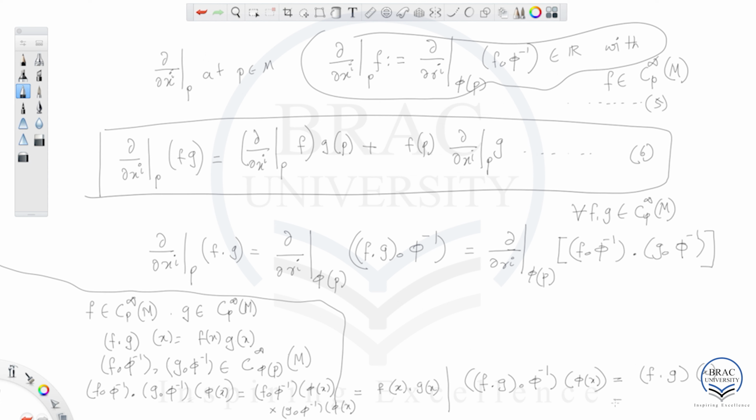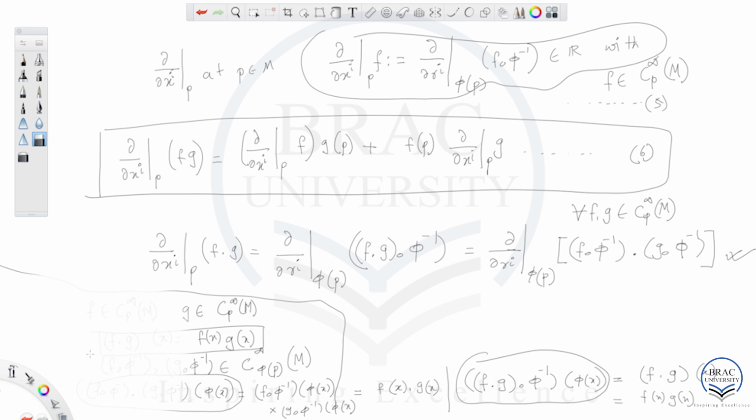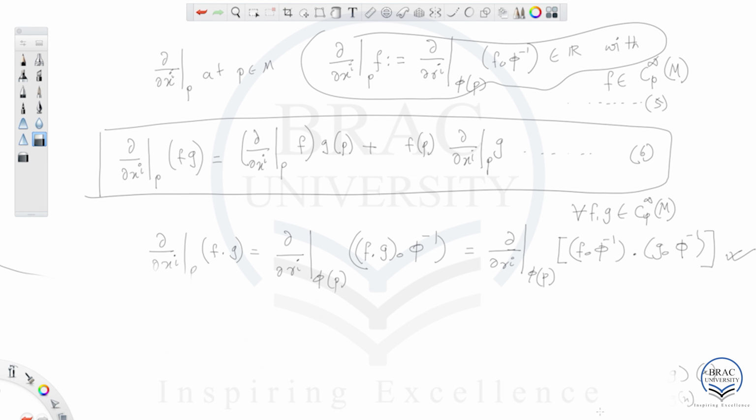And by the pointwise product, by the definition of the product of two germs, we know that this is equal to f(x) times g(x). Hence, this is equal to this. Hence, we have this equality. Okay, all right. So let me erase this part now. I don't need it anymore.